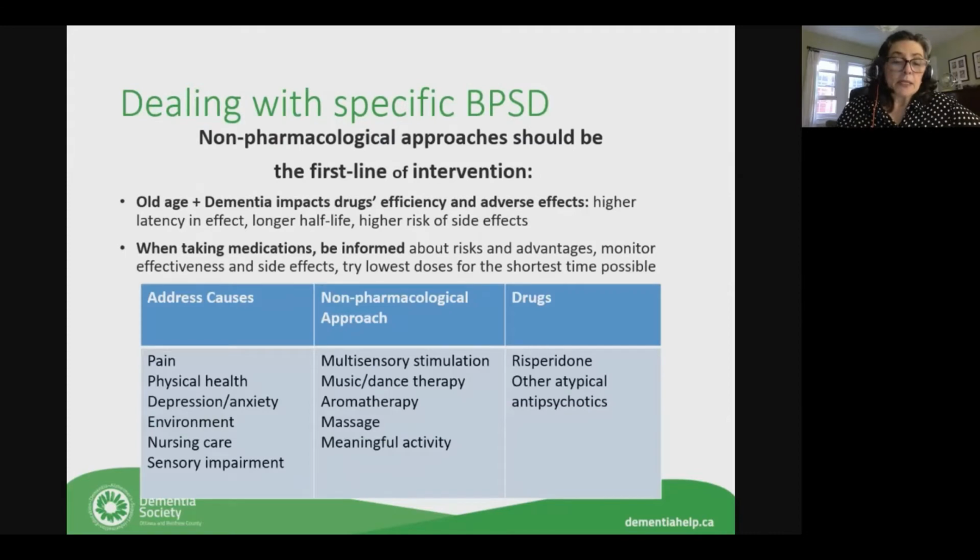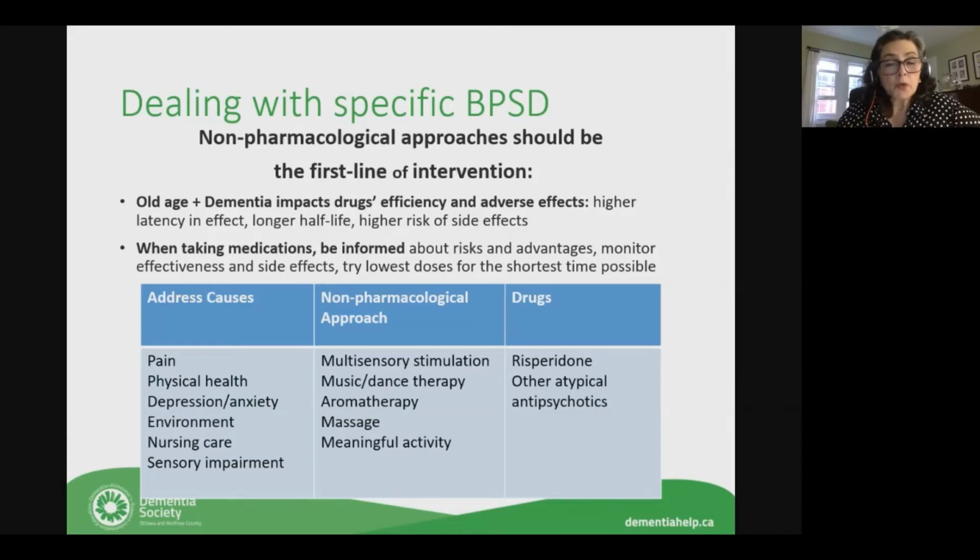And really, in dealing with specific behaviors, the reason that we are even having this discussion tonight is primarily because we want to try to intervene in the most effective way and use behavioral interventions and sense making and gentle guidance as a way to manage a situation so that we can avoid pharmacological intervention, because these should be the first line of intervention.